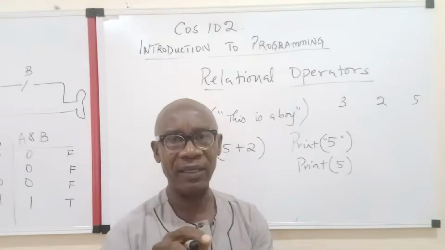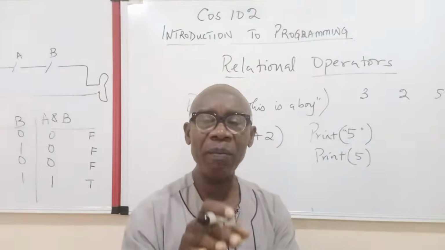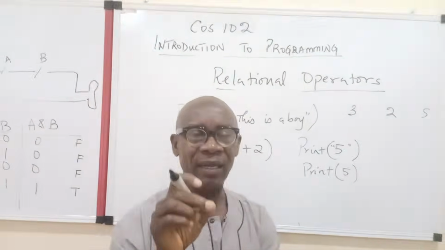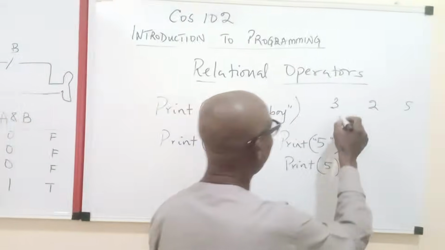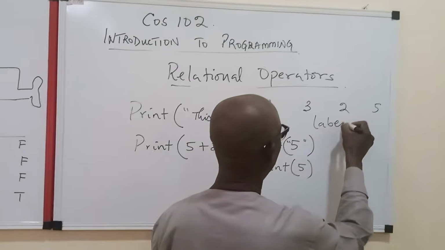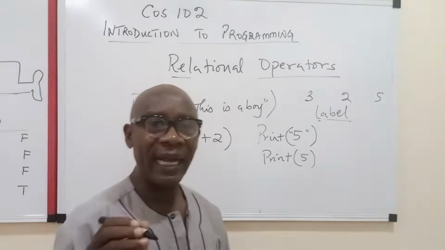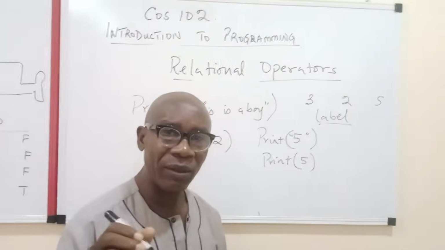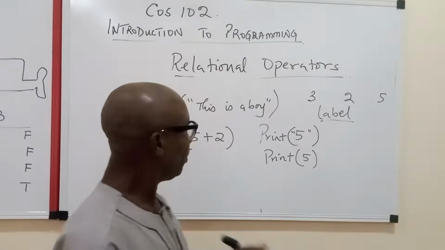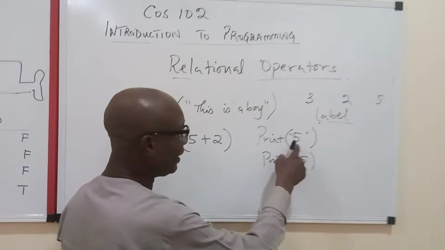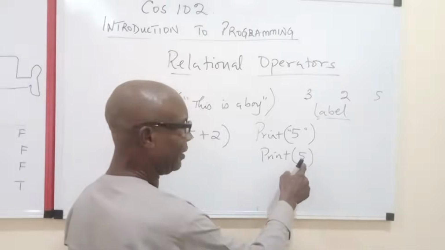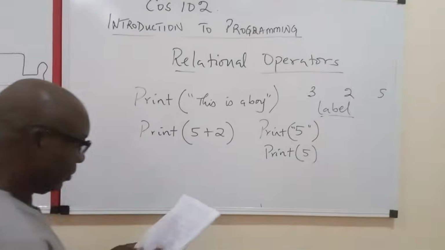The buildings are different. In this case, the numbers are used as string for the purpose of labeling. They are used to label for the purpose of identification and cannot be used in arithmetical operation. So, this is a case of a string, while this is a case of an integer.